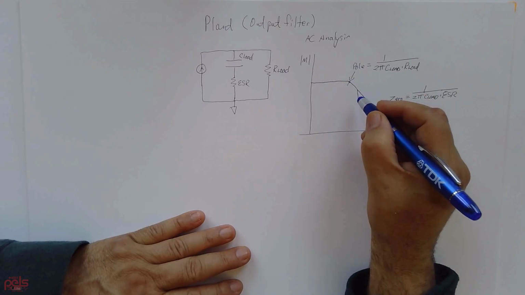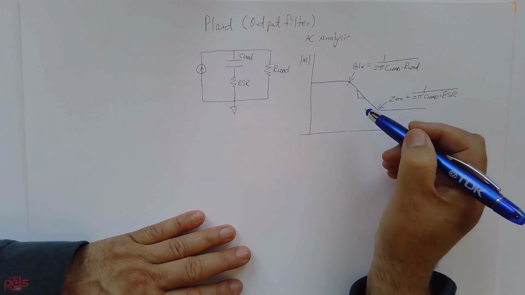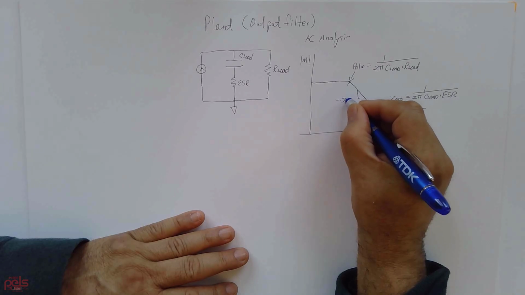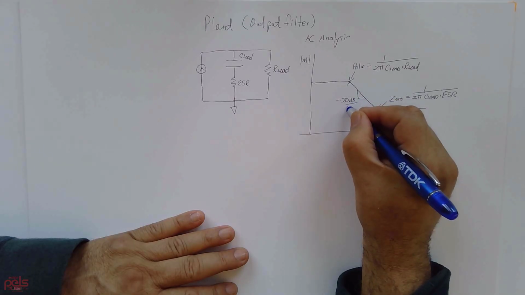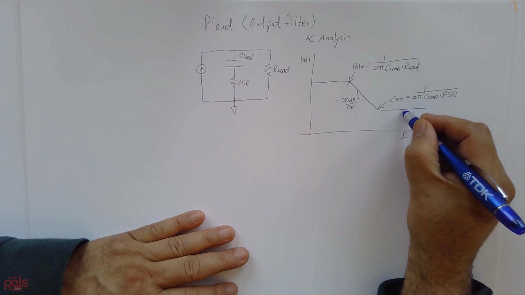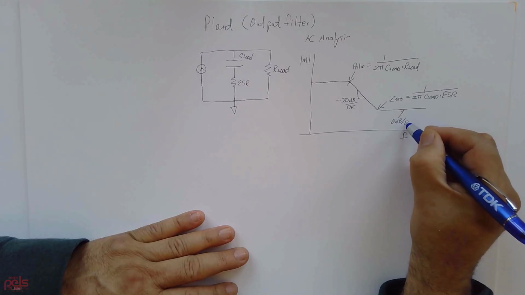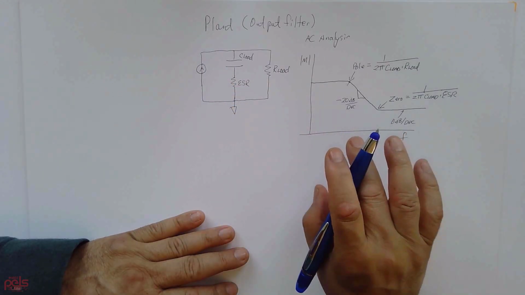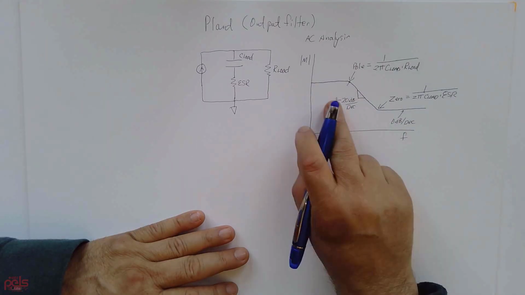If you have a first order system, which is what this is, because there are no inductors here, then this will have a slope of negative 20 dB per decade. And since this has no slope, it's 0 dB per decade. So if you do a simulation with a current source and these two, this is what you're going to end up with, a Bode plot.